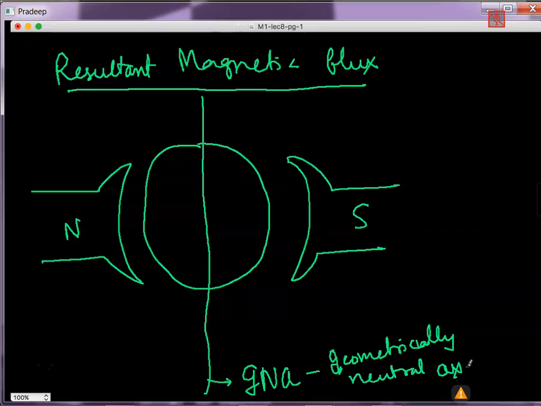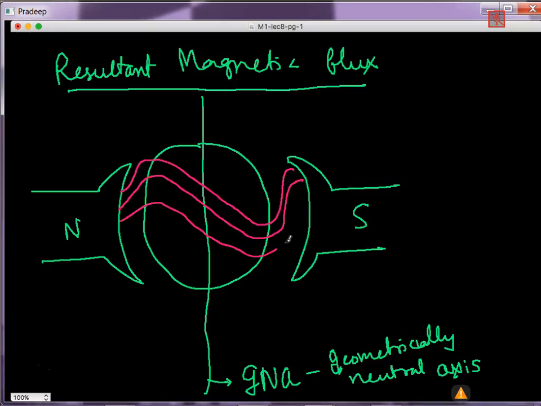But as a result of the interaction of both the magnetic fields, this is the resultant magnetic field that is set up in the machine. So the direction of the field is like this, Fr.